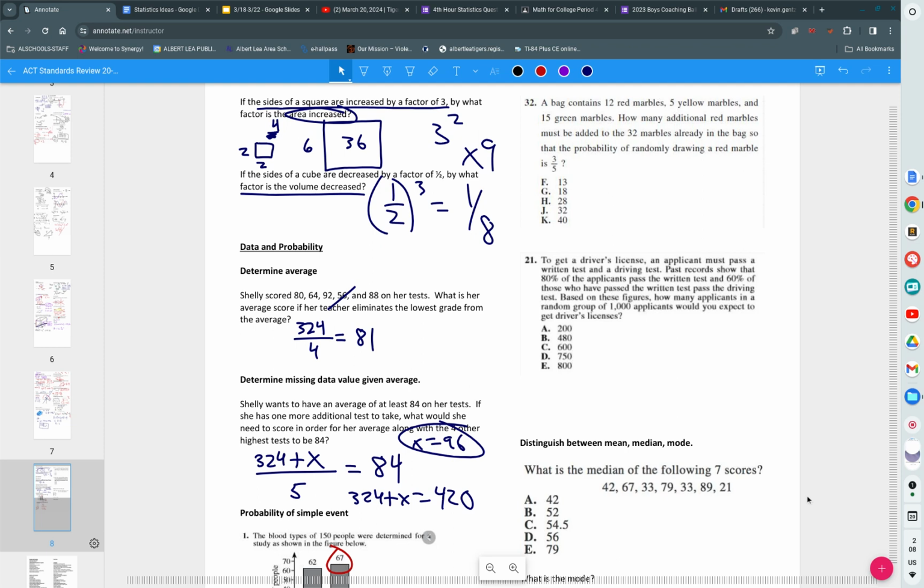1 minute, 40 seconds. This is one you'd probably spend a little bit more than a minute on if you were to do it. So we're going to give you more than a minute.